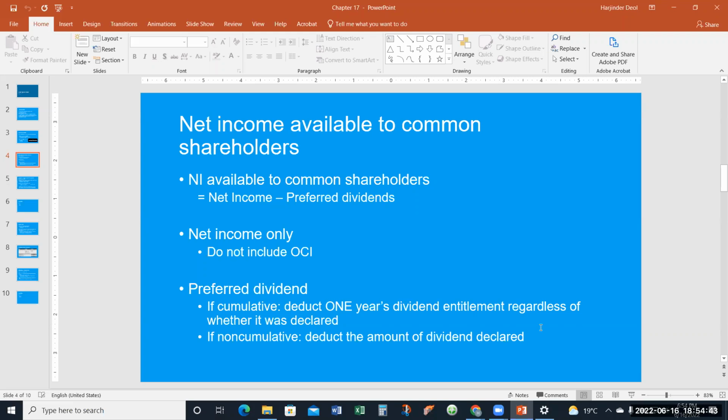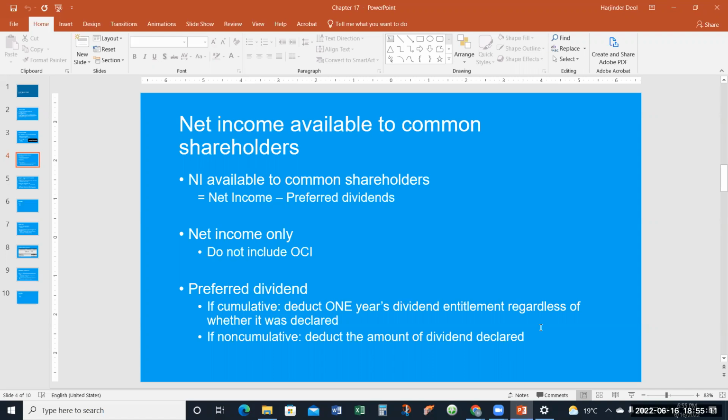A question might say, preferred shares are cumulative and two years' dividends are in arrears, which means for the past two years, dividends have not been paid. You know that for cumulative preferred shares, whenever the company declares any dividend, they'll have to first pay out any unpaid dividends from the past. I've seen students get a little confused here and say, if the preferred dividends are in arrears, I've got to subtract that too.